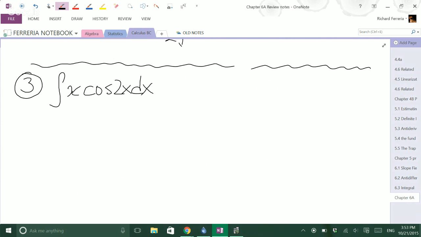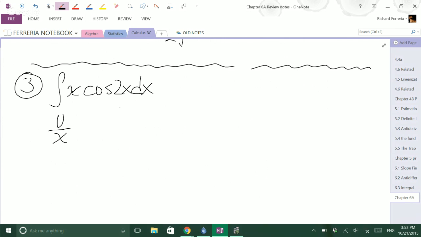It's a quotient. One part's algebraic, so that goes to 0. The other part's trigonometric, so that just kind of flip-flops. So this looks to me like a good candidate for the tabular method, right? Tabular method will take care of this really quickly.